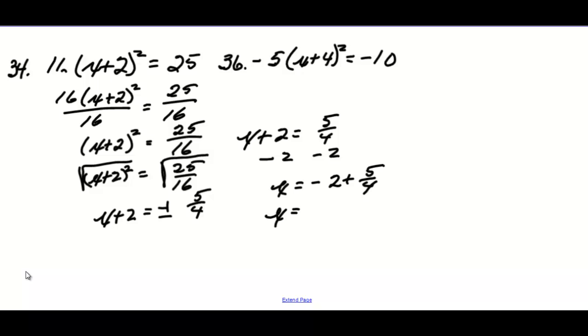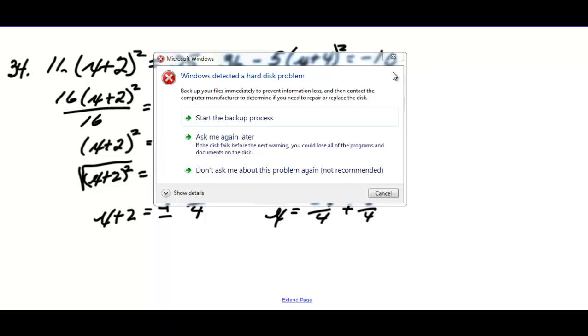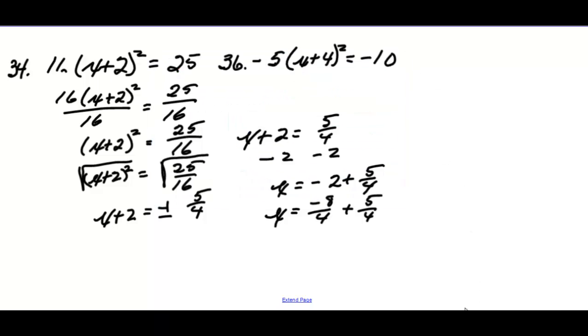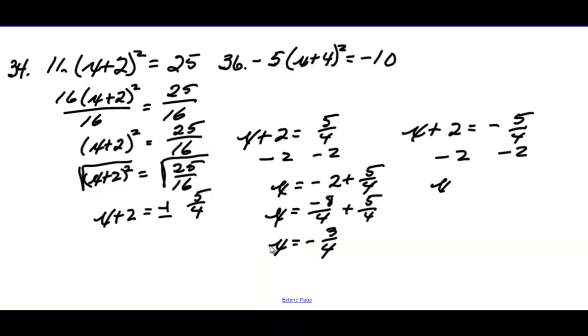Common denominator being 4, that's the same thing as saying negative 8 over 4 plus 5 over 4. And therefore x is equal to negative 3/4. If we do the same thing, take x plus 2 equals negative 5 over 4, and we subtract 2 from both sides, we'll get x equals negative 2 minus 5 over 4.